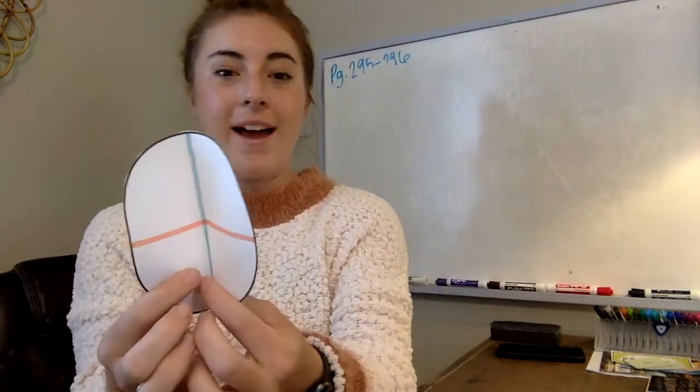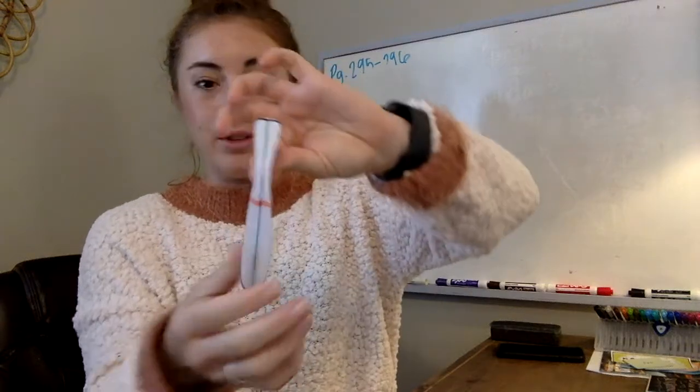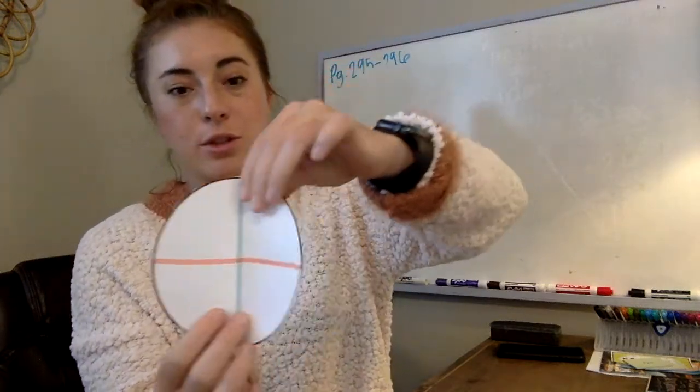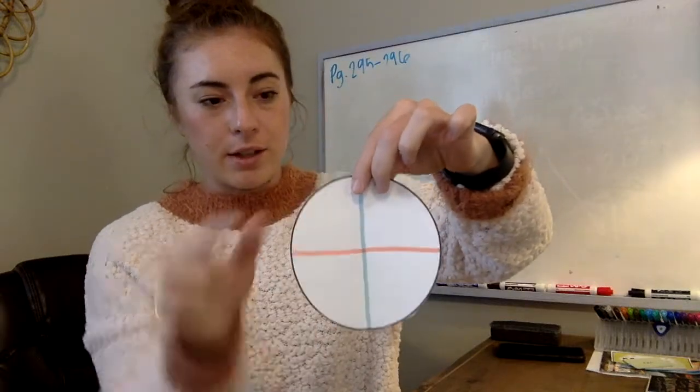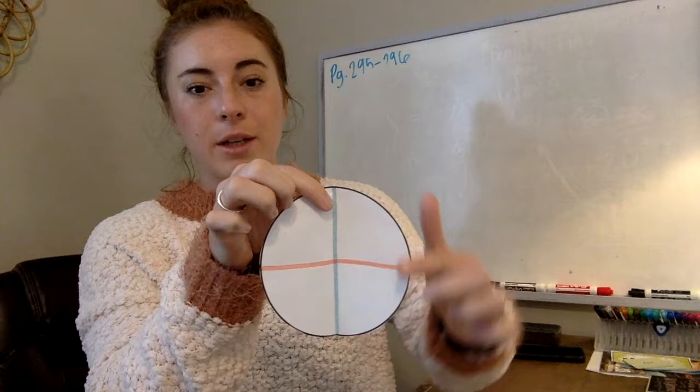Look at what I have. If I fold it this way, I have 2 equal parts. I have my straight line and my curved line. My straight side and my curved side.